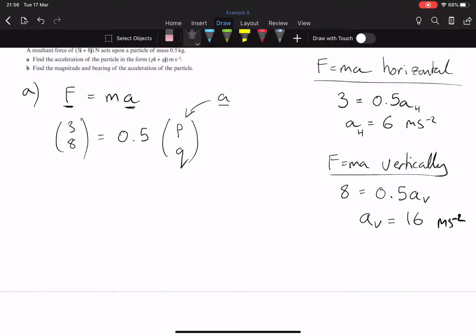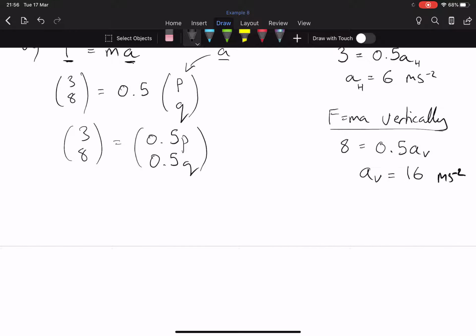So if we multiply the vector (p, q) by 0.5, we'd get that (3, 8) equals 0.5p and 0.5q as our vertical component. So we know that 3 equals 0.5p. So we'd get that p equals 6, like we got before. And 8 equals 0.5q.